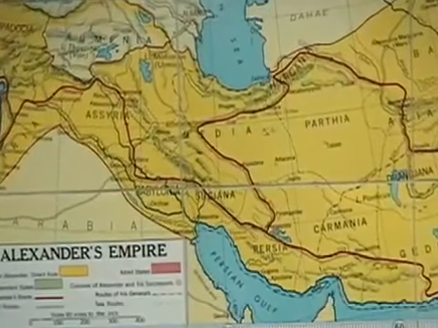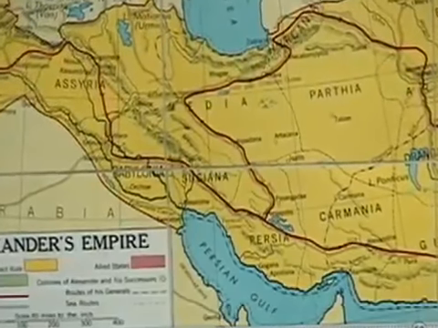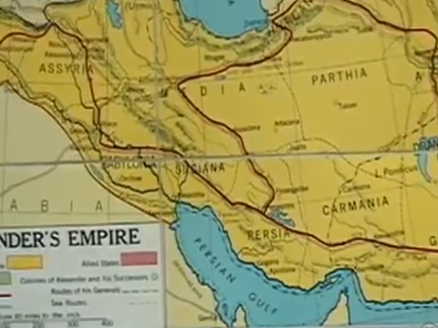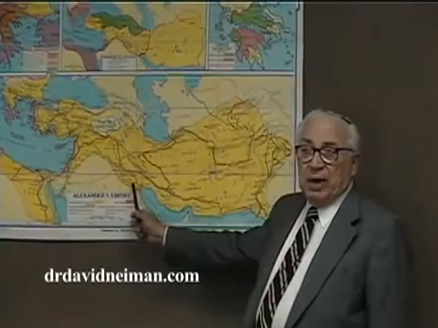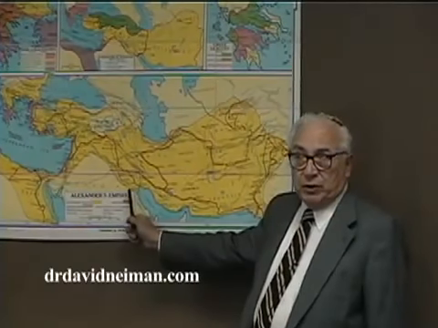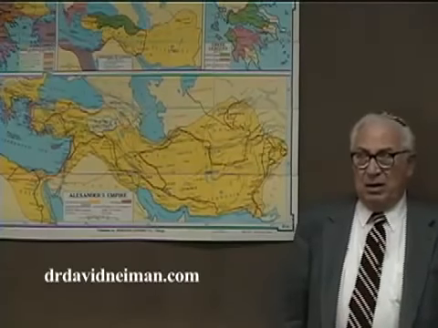Now, I put up this map to give you a geographical perspective. The cradles of Western civilization are three points on this map. They are the mouths of the Tigris and Euphrates rivers, which are in Iraq today.